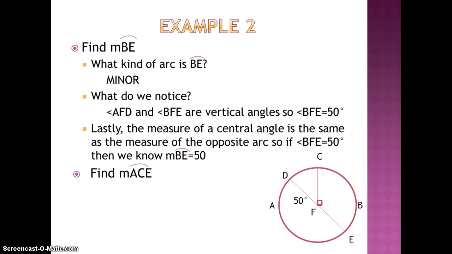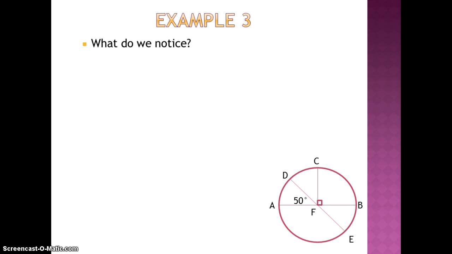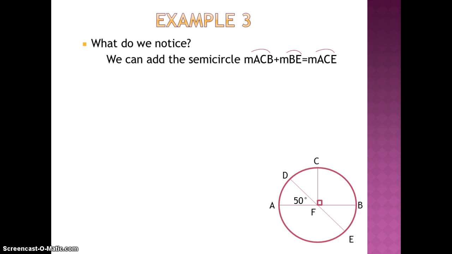Now we're going to find the measure of arc ACE. What kind of arc is ACE? It's a major arc. What do we notice? We can add this semicircle, the measure of arc ACB, plus the measure of arc BE, which is the other little part we need, equals the measure of arc ACE, which is the whole thing.